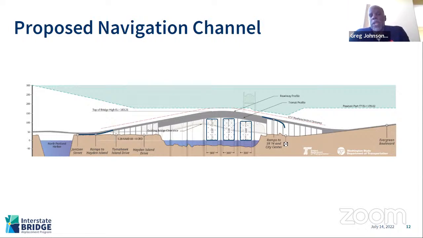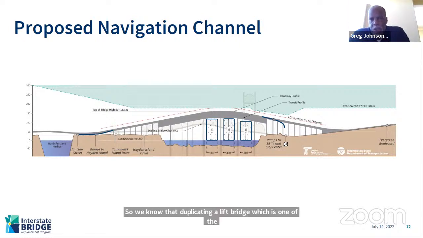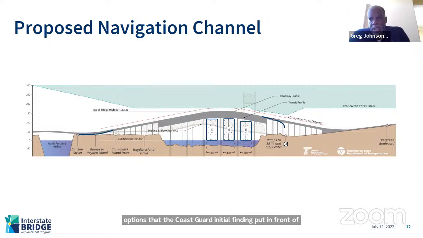We know that duplicating a lift bridge, which is one of the options that the Coast Guard's initial finding put in front of us, is a tremendously tricky endeavor.